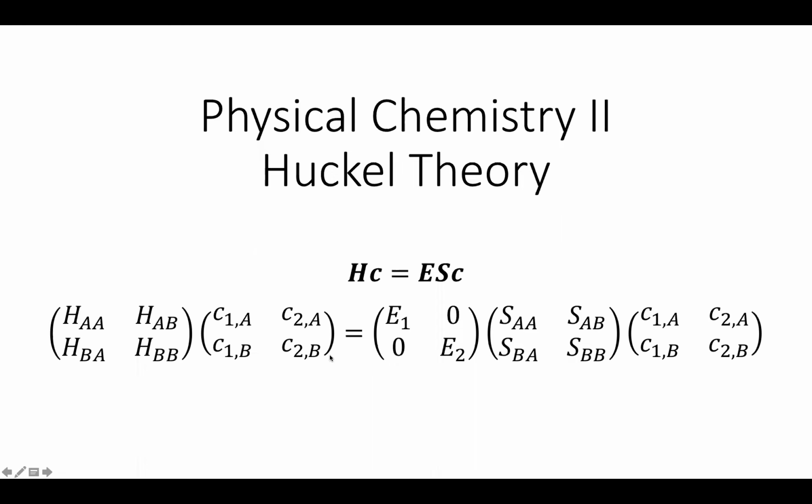Where we're looking at is a matrix that represents the Hamiltonian applied to our various atomic orbitals, coefficients of how much of each of our atomic orbitals A, B, and C go into our MOs 1, 2, and 3. And we can set all of this equal to the energies of each of our MOs times our overlap matrix, times our coefficients again.